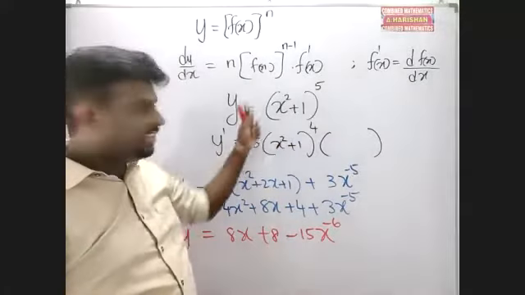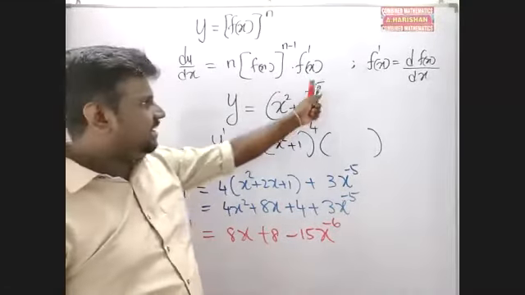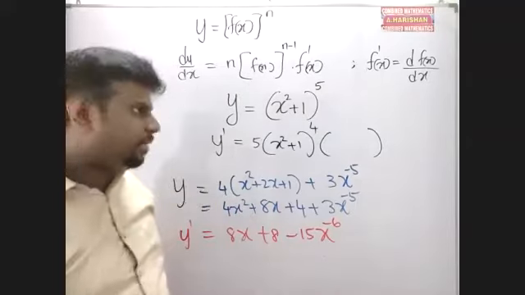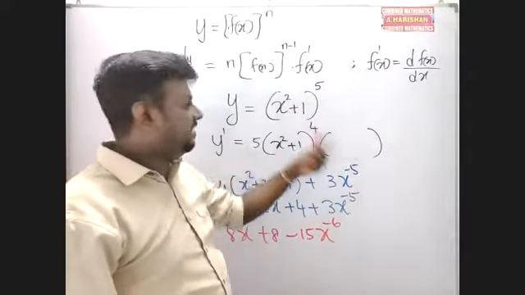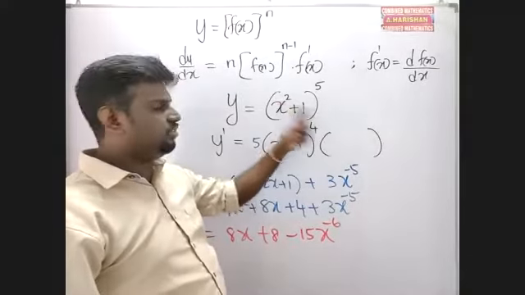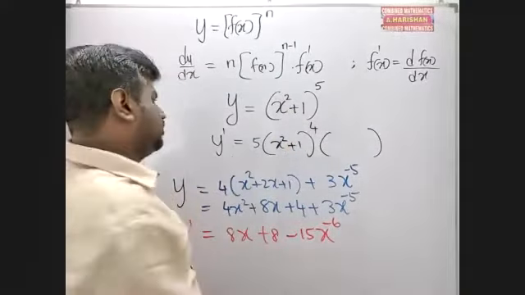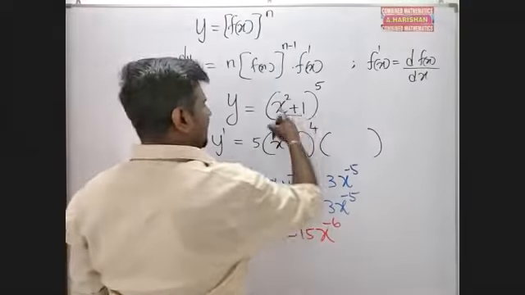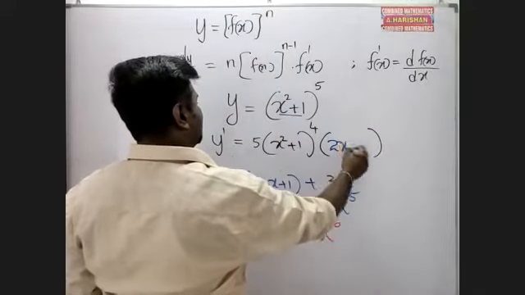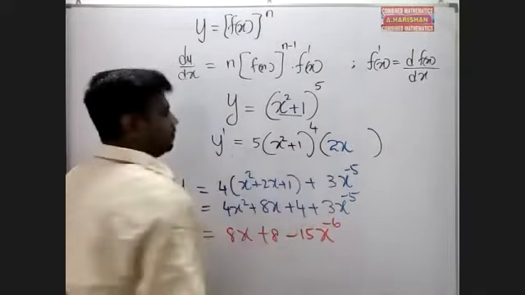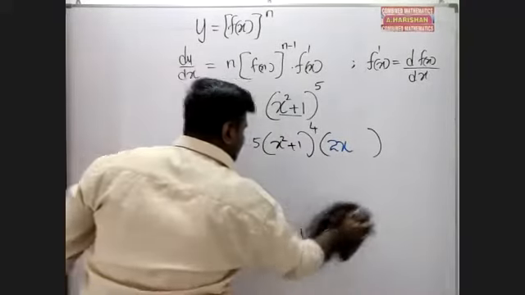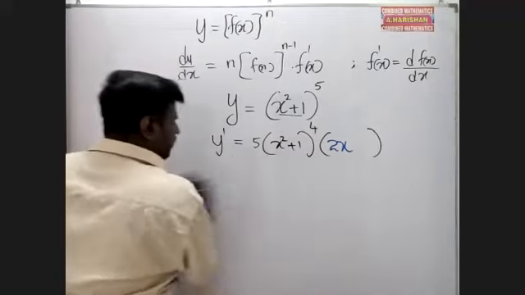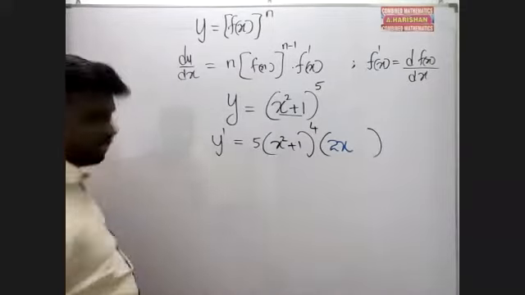So 5, you bring down and subtract 1, same as the power rule. But then you have to open another bracket, and in that bracket you put the differentiation of this, which must be multiplied. The differentiation of x squared is 2x, plus 0. I'll go for example 2 also, then you will be able to understand very well. You have to copy this.